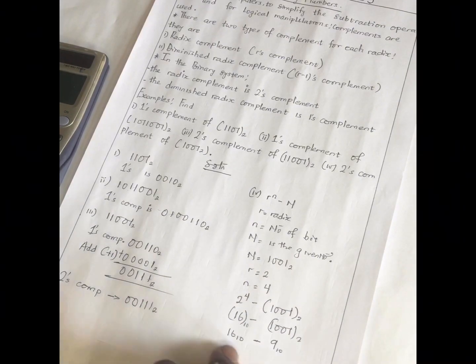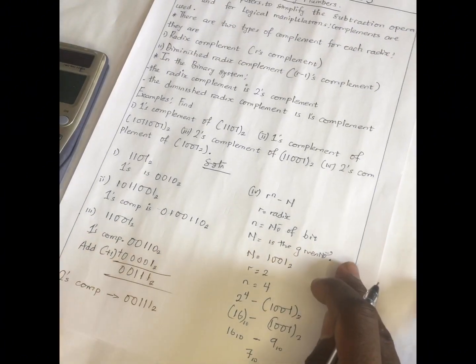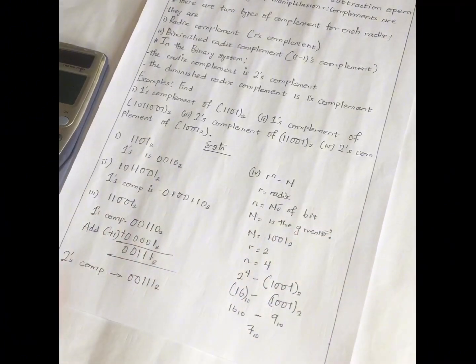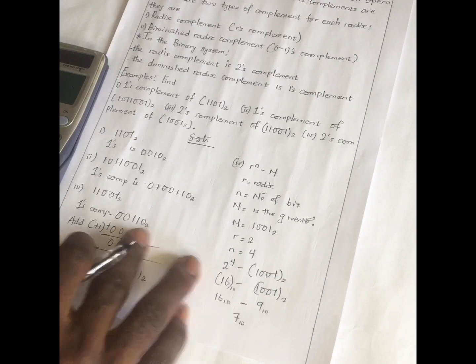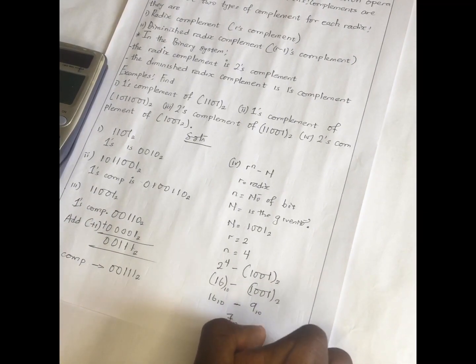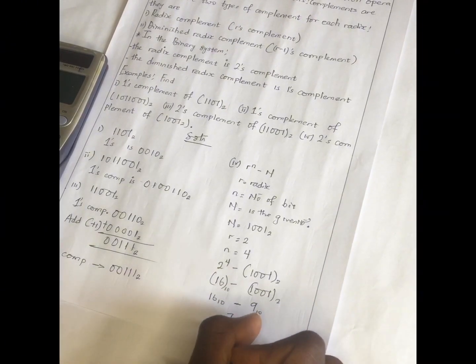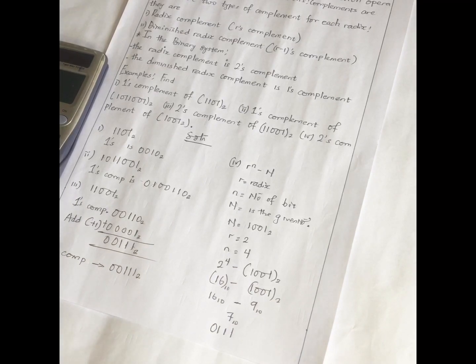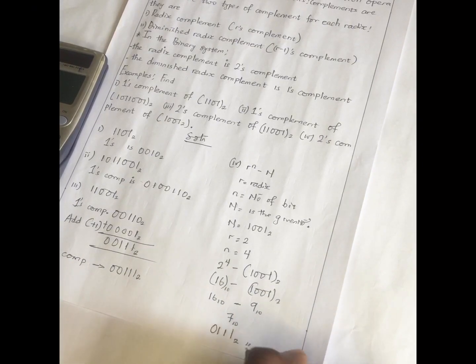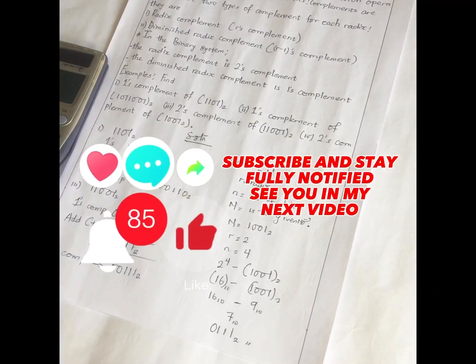So 16 minus 9 gives us 7 base 10. Remember, we are dealing with binary, so we convert 7 base 10 to binary, which gives us 111. Since we're dealing with a 4-bit binary number, we can put a 0 here to make it 0111 base 2. So the 2's complement of 1001 base 2 is 0111 base 2.